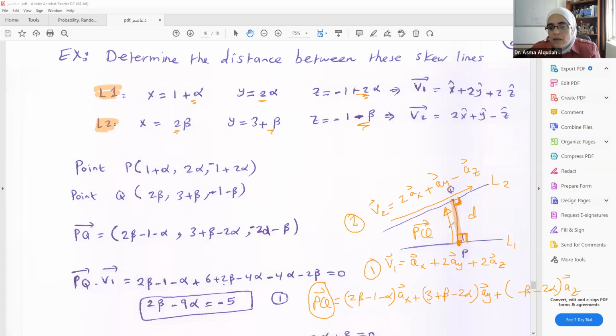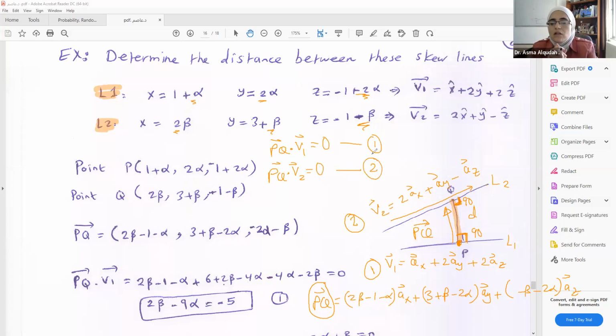Because the angle between the vector PQ and V1 is 90 degrees, and the angle between PQ and vector V2 is 90 degrees. So we have two equations. PQ dotted with V1 should give us 0. This is equation number 1. And PQ dotted with V2 should give me 0 as well. This is equation number 2.